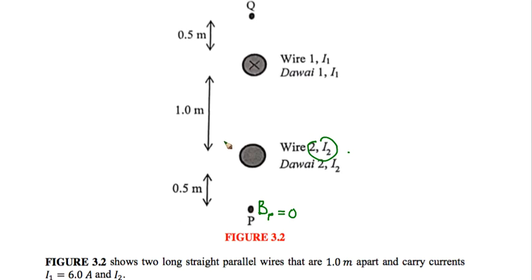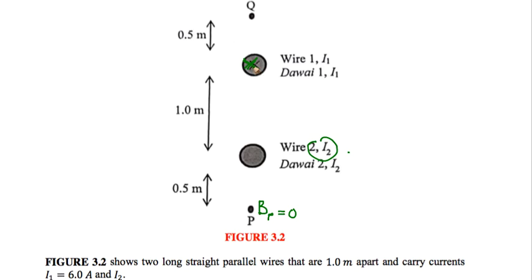The first magnetic field comes from wire number 1, and this is the direction of the magnetic field B. This is the direction of the current flow, right? The current flows into the page.